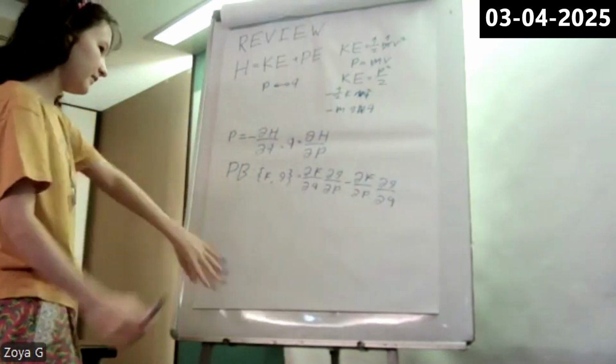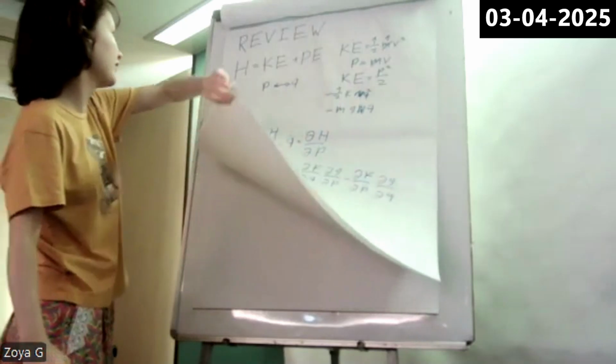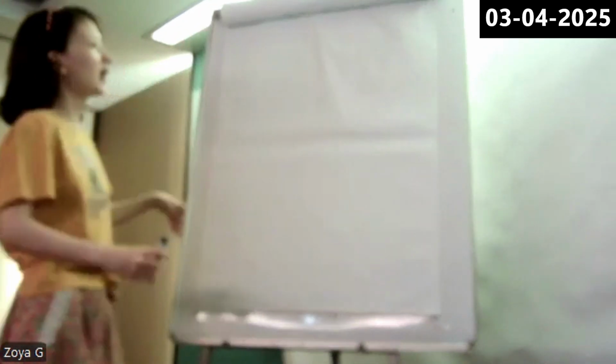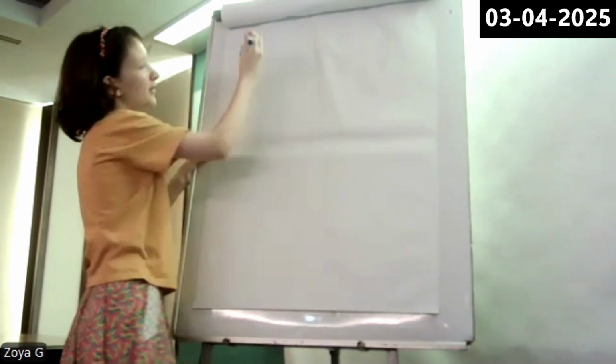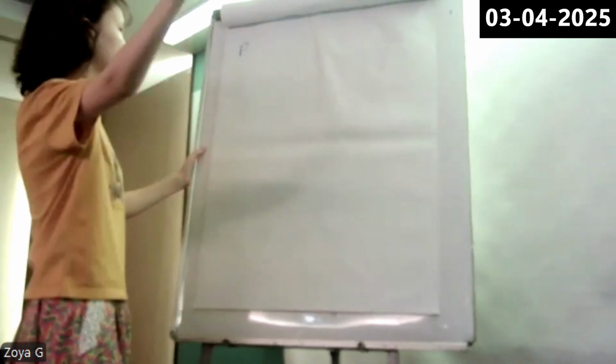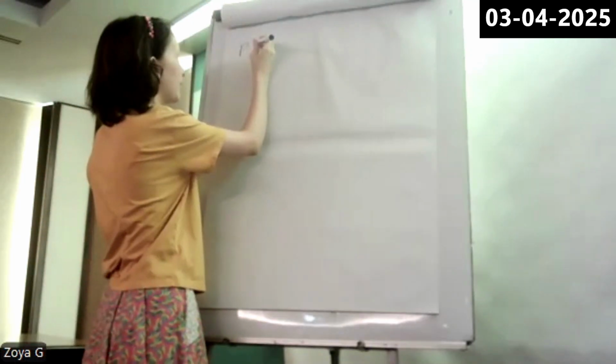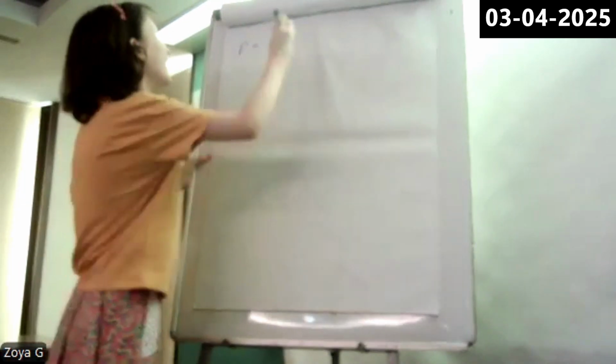Now, this definition for the Poisson bracket has a few interesting properties. First of all, the two equations that we just got familiar with, or maybe you got familiar with them before, I hope you did.